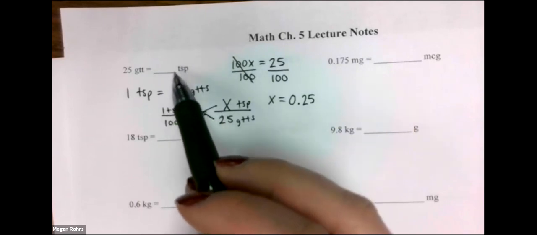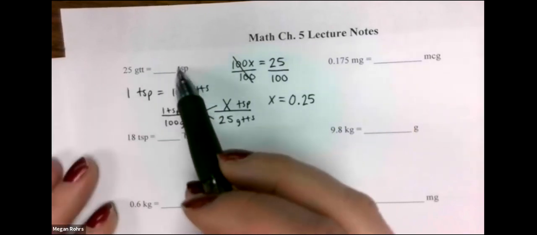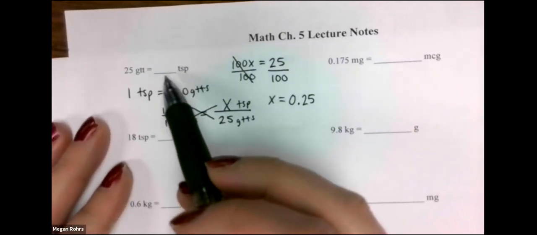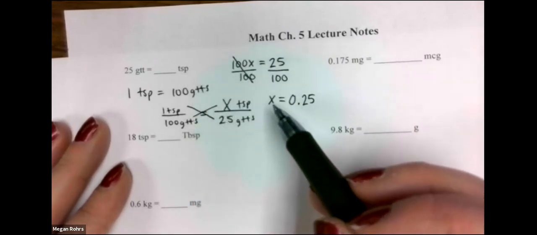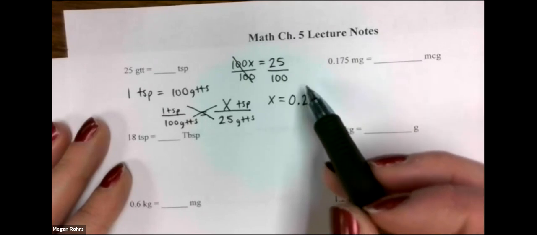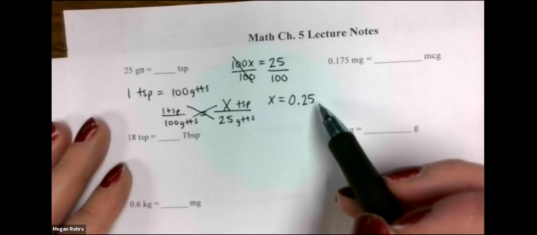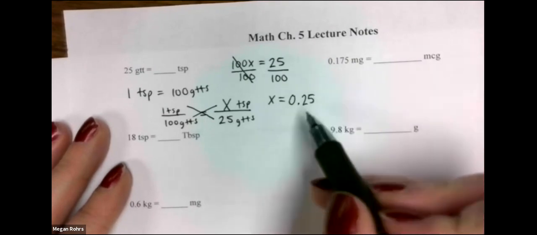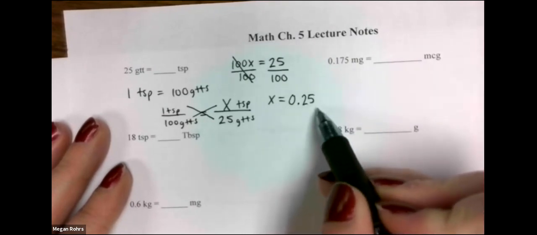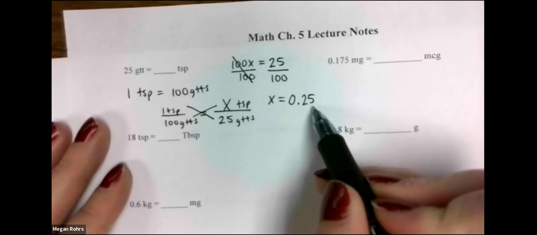Now, if you want to follow the rules here, remember teaspoon needs to be left in fractional units. So going back to week 1, how do we change this into a fraction? Well, we can just read this decimal. This is in the tenths place, this is in the hundredths place, so this would be 25 hundredths.